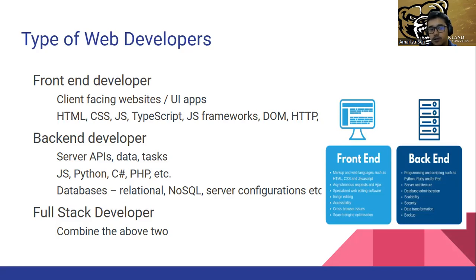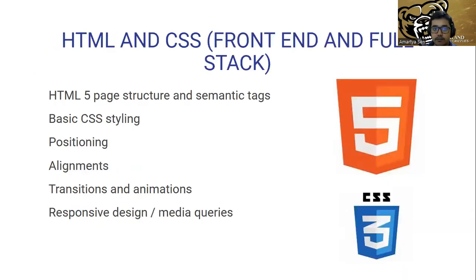Somebody who is responsible for developing client-facing user interfaces is front-end development. Somebody who is responsible for managing and modeling the data and then creating resources that can later be accessed by other front ends is back-end development. And anybody who is responsible for both of these tasks is known as a full stack developer.